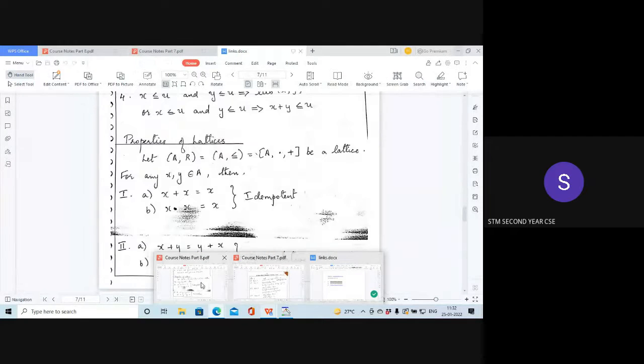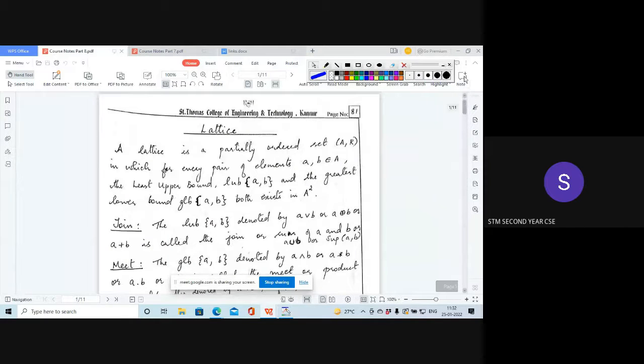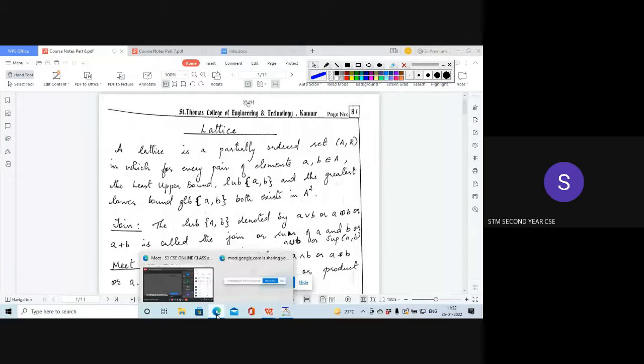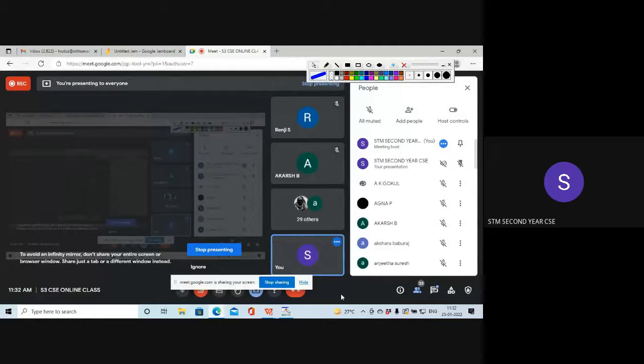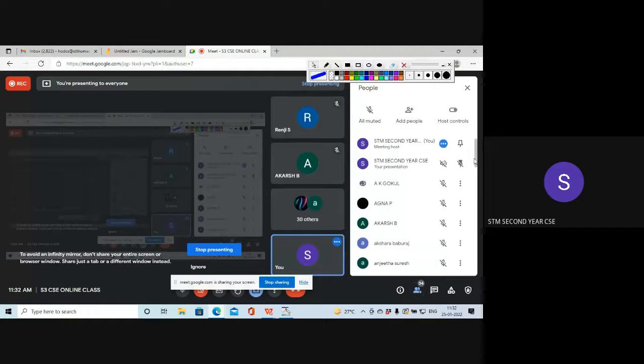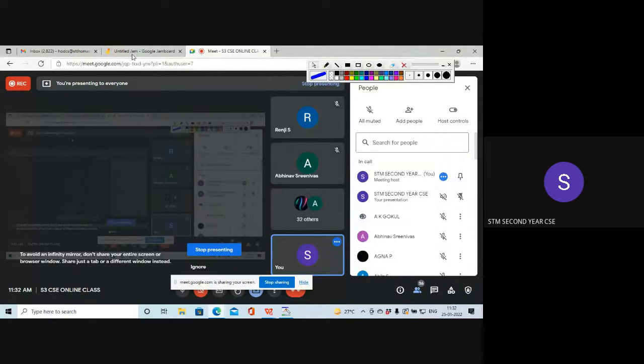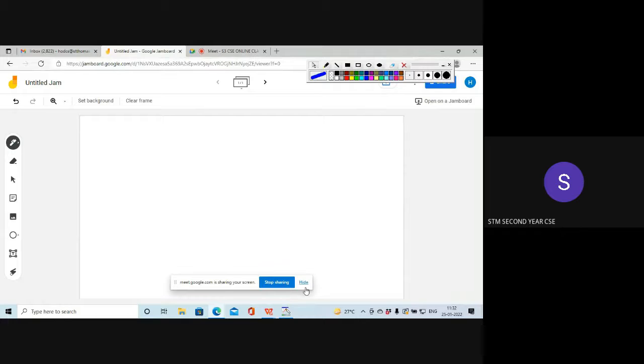Okay, I'm going to start the next section. Lattice. So let us see what lattice is.